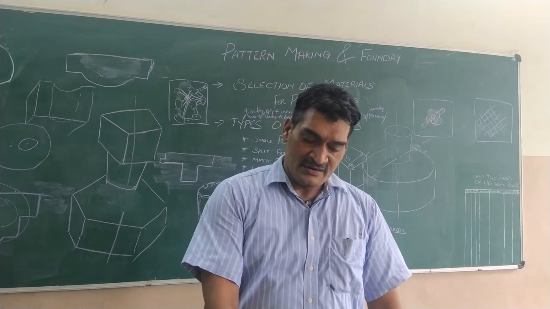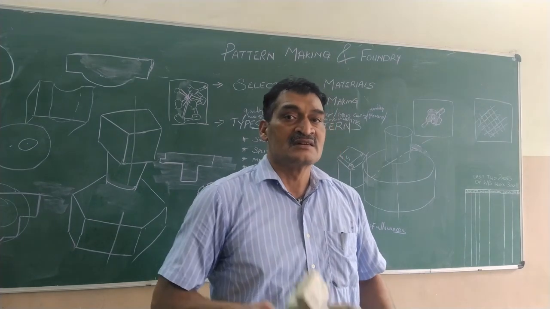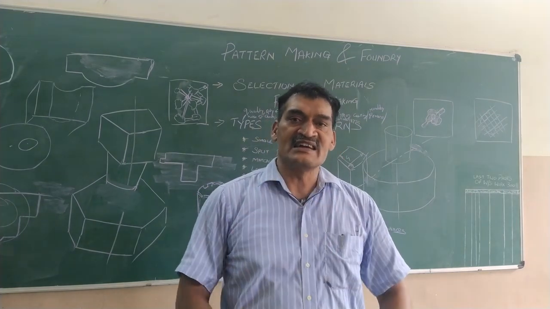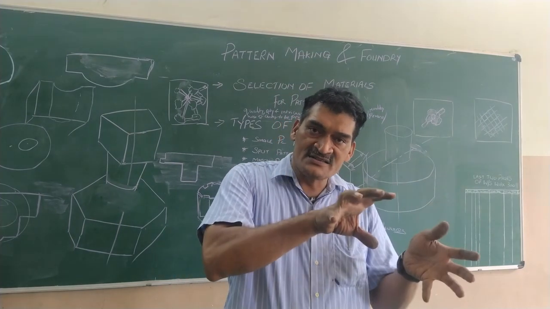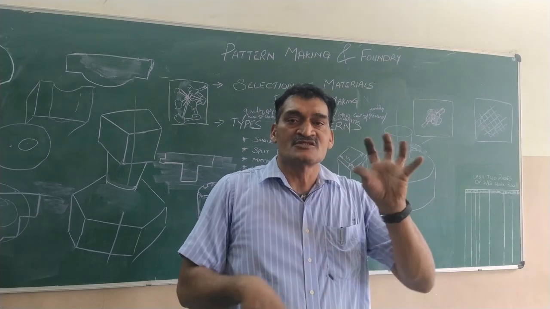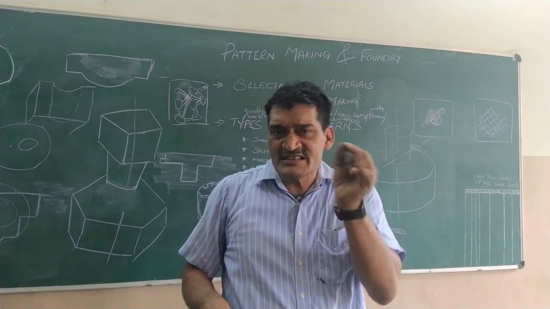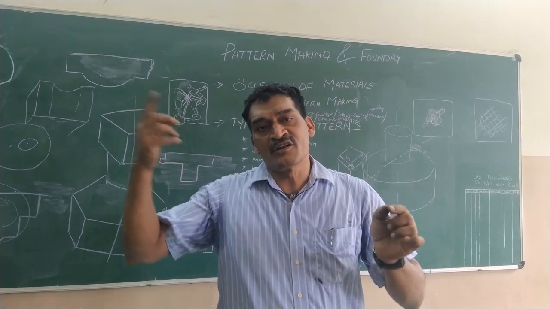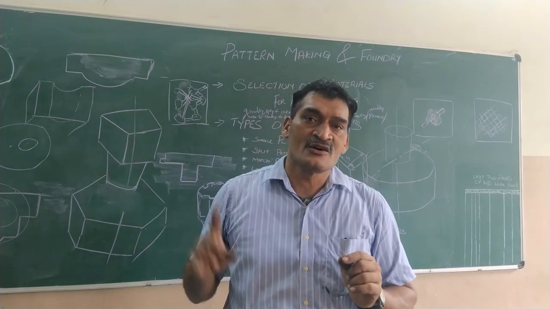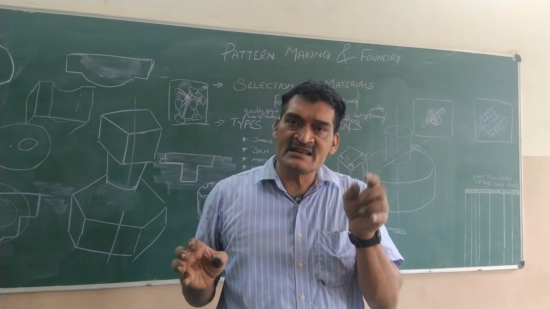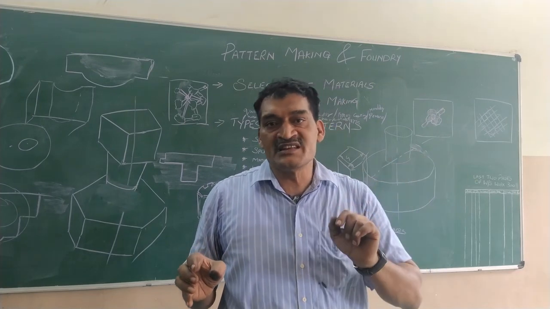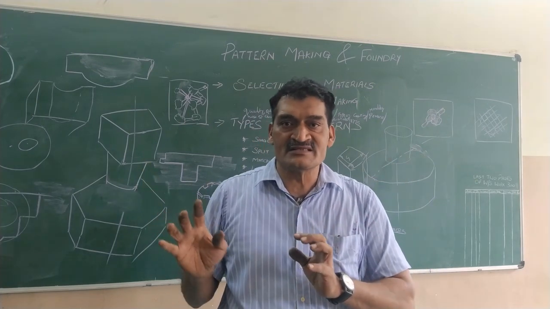So if you want to change a certain design, then you will require your pattern also to change. So the shape of the pattern will change slightly depending on whatever shape you desire on your casting. Now, if the pattern has to be changed slightly, your material should be machinable or easy to machine.